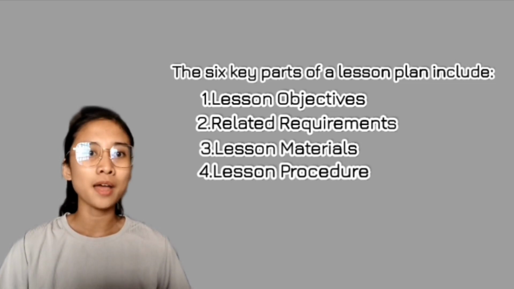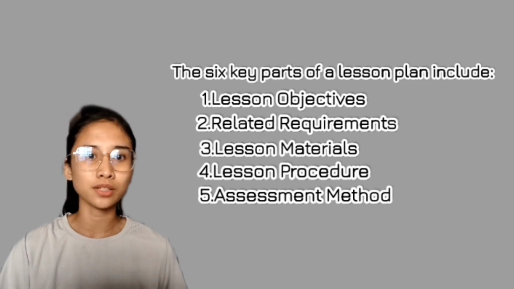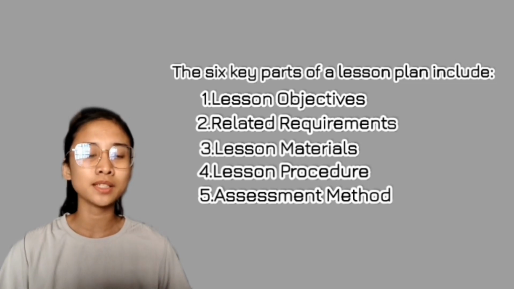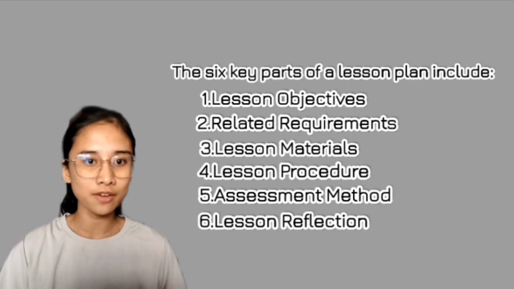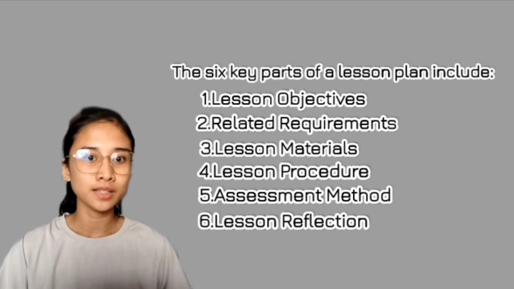Number 5, assessment method, tools to measure if lesson objectives were met, like quizzes or performance tasks. Number 6, lastly, the lesson reflection, a section where the teacher evaluates what worked and what didn't for future improvement.